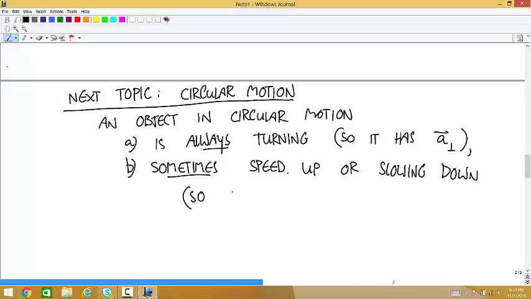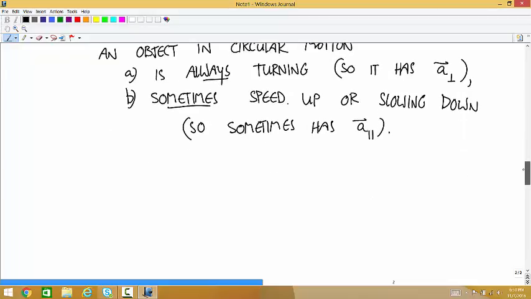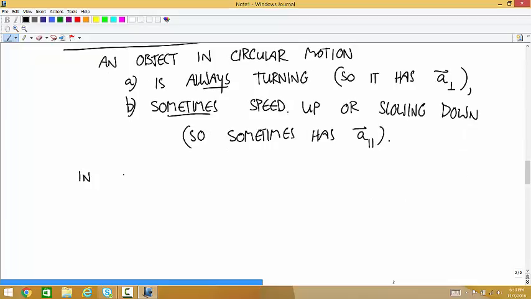So it sometimes has a part of the acceleration that's parallel to the velocity. In circular motion, let me do perpendicular first since that's the one that keeps coming up. The perpendicular part is called the centripetal acceleration.